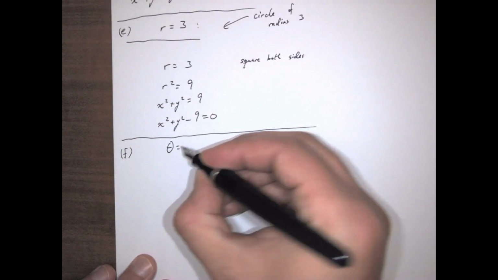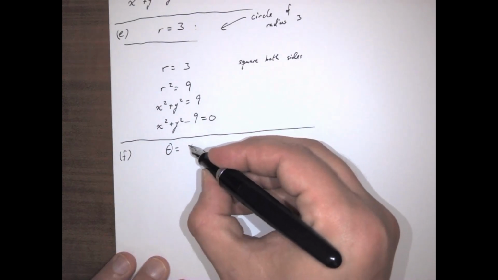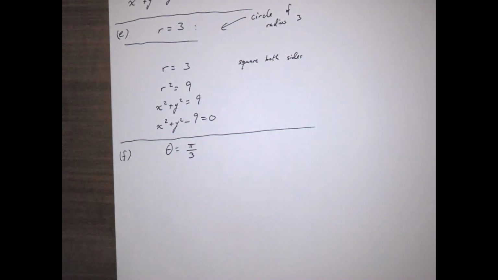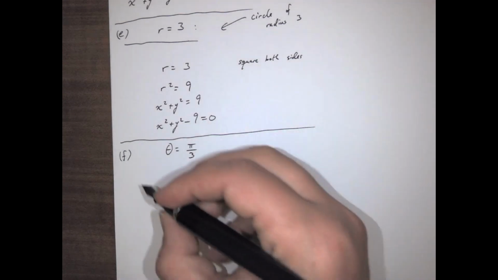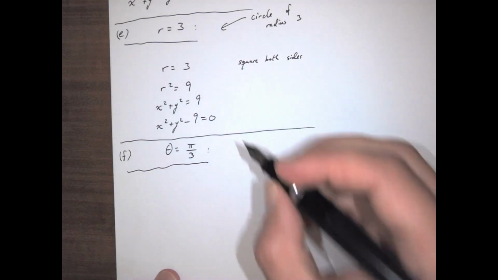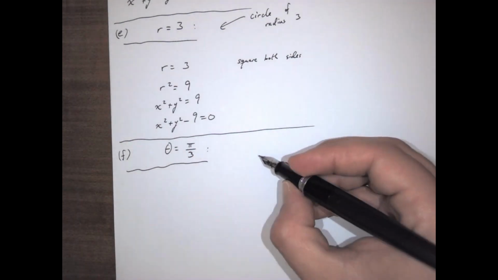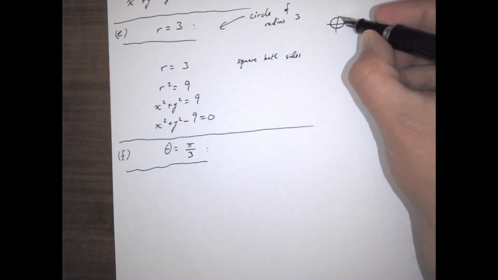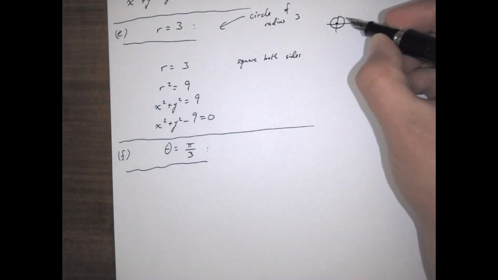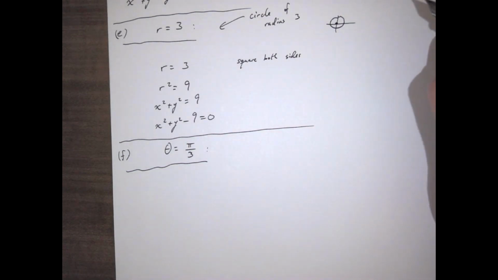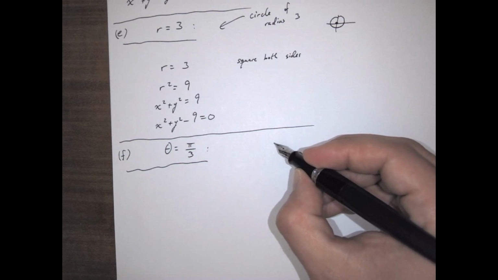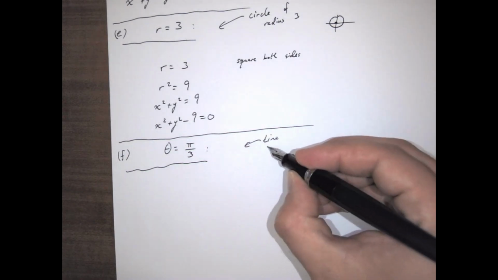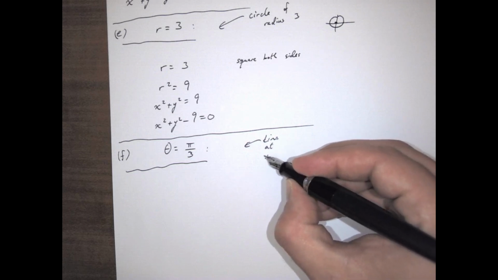All right, now how about theta equals pi over 3? So this is an equation that gives us just theta equals some value. The previous one just gave us r equals some value, which means that we're talking about a radius 3 circle. Here, we're talking about a ray, or I guess a line, at pi over 3.